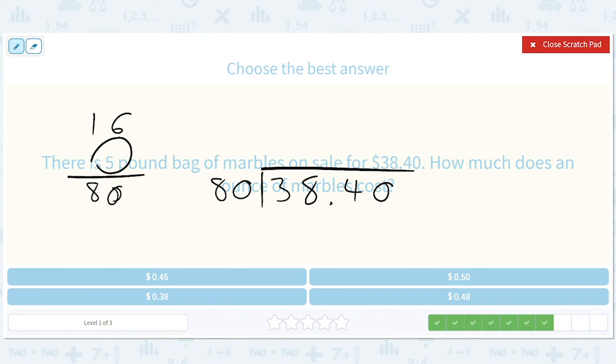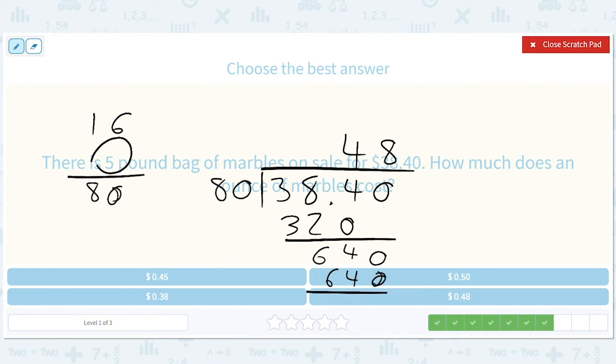Okay, so how many times does 80 go into 384? Well, 80 goes into 400 5 times, so it's going to be 4. We'll have 320 rather. This will be 640, and this will give us an 8 times 80 is 640. That'll end with nothing. We have 2 decimal places. So we did it in one step.